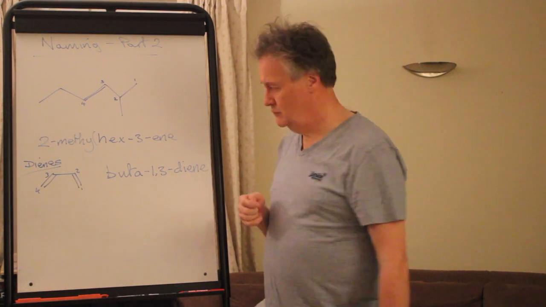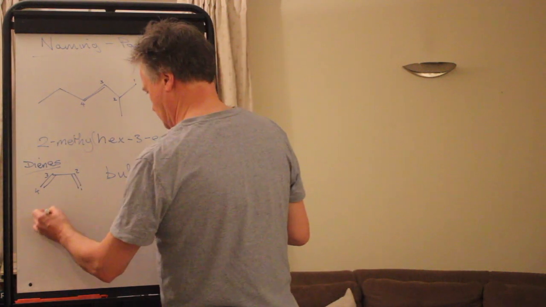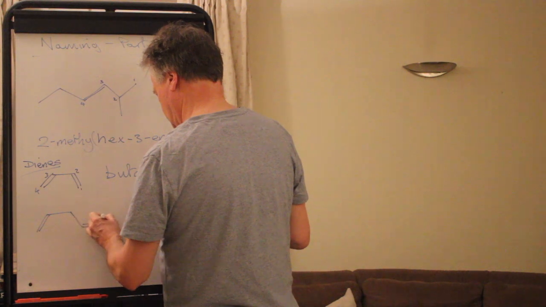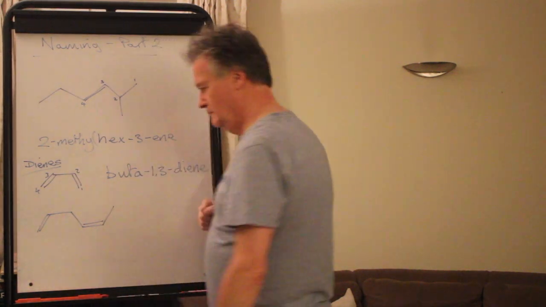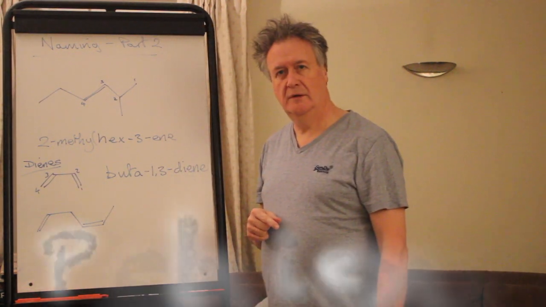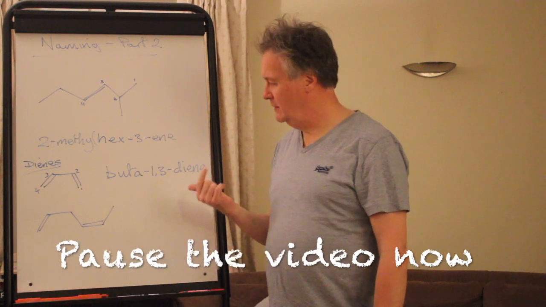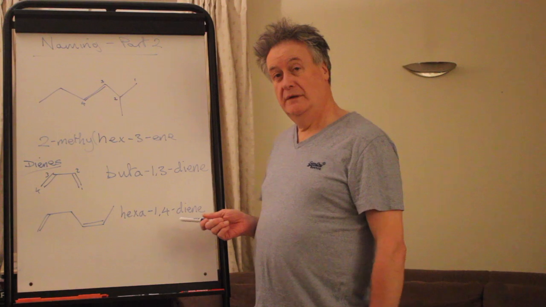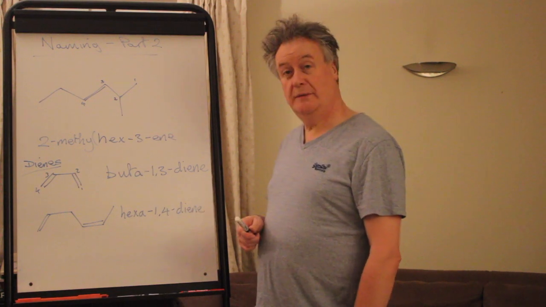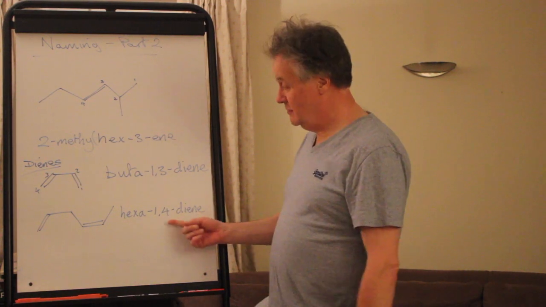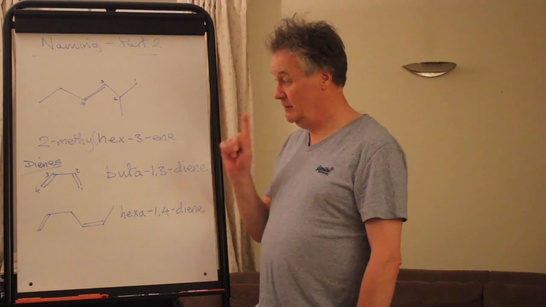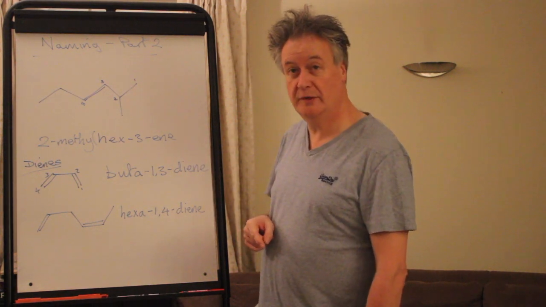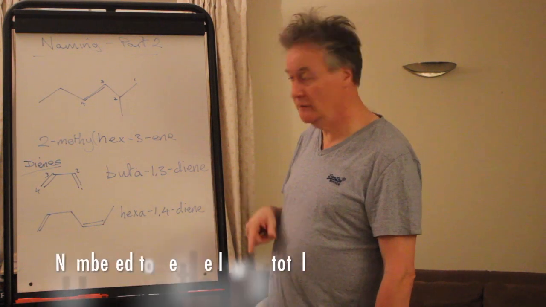Okay, so your turn. I'm going to pause the video, have a go at naming that, and I'll see you after you've had a little go. So it was 6 carbons, positions are 1 and 4. If you number from the far end towards me, the double bonds begin on carbons 1 and 4.